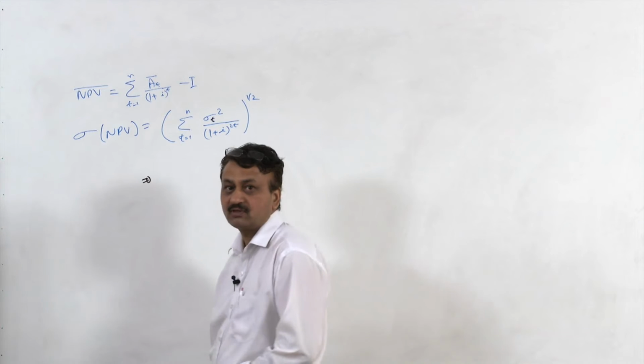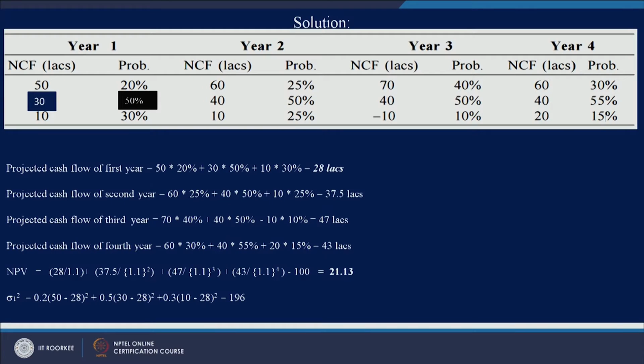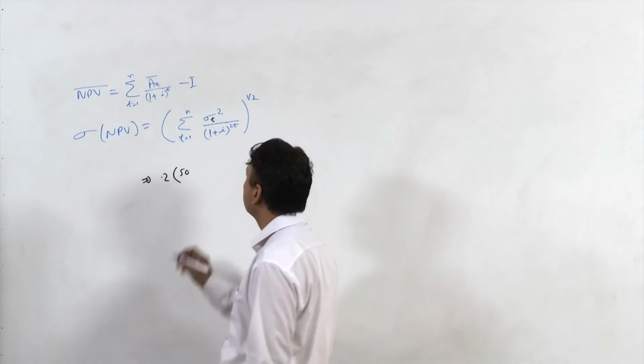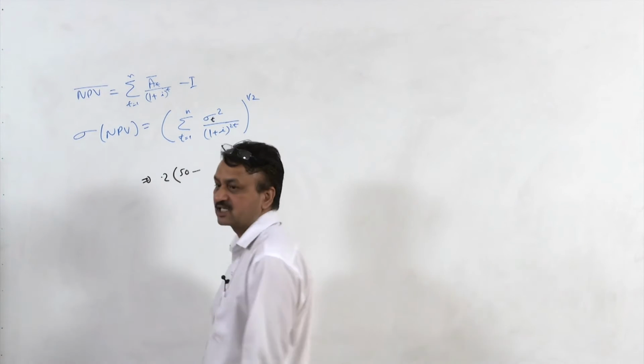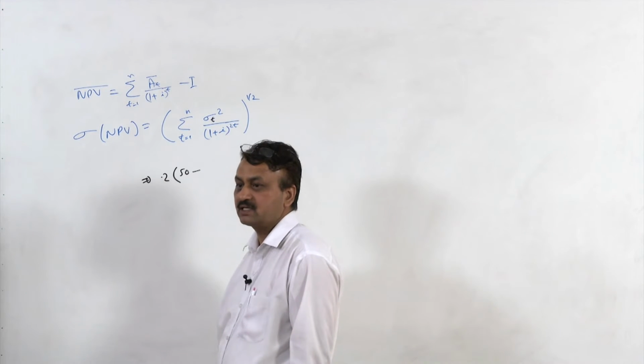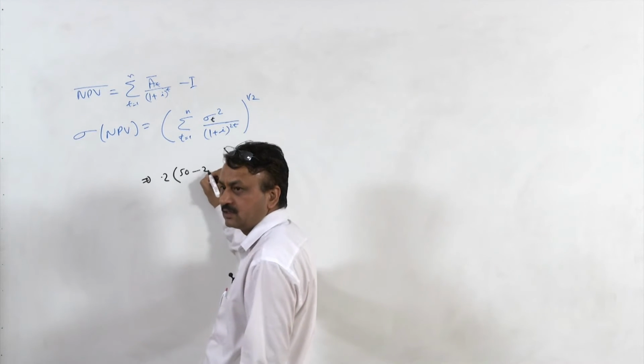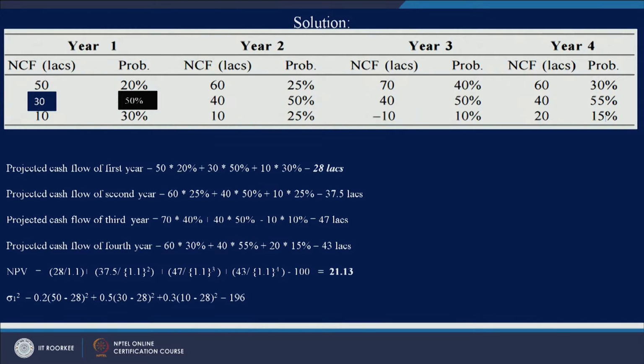Let us calculate for the first year, right. So, this probability is 0.2, then cash flow is 50 lakh minus the expected cash flow, right. So, this was 28 lakh, whole square, isn't it.